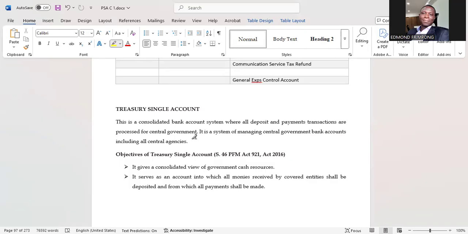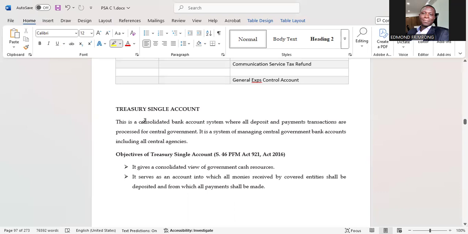Okay, when we say Treasury single account, we are looking at bringing all bank accounts in the public sector together, or having a harmonized account in the public sector. So that's how we are going to have it.